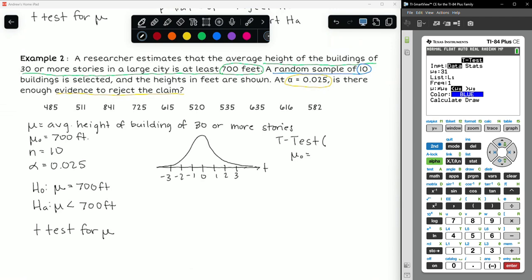It asks me where I put my data. It asks me if I had a frequency list, meaning was my data grouped. And then it asks me for my alternative hypothesis statement. So we know that our claimed value is 700 feet. We put our data in list 1. We didn't have a frequency list, so each value occurs once. And this is another less than statement.